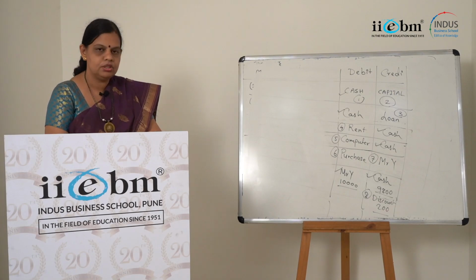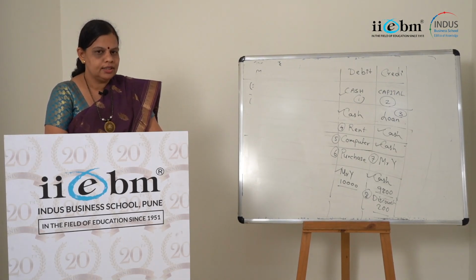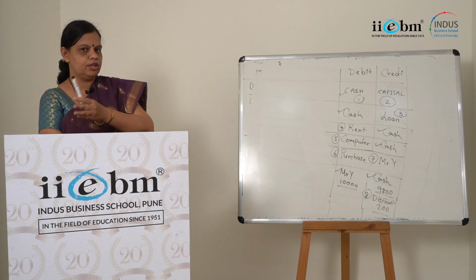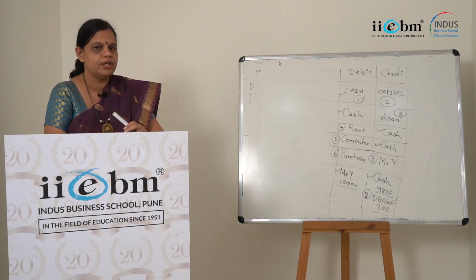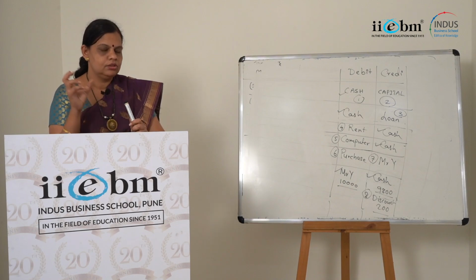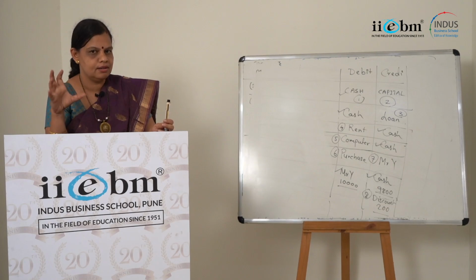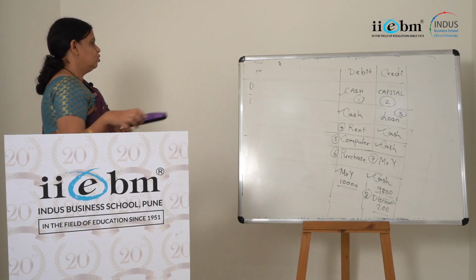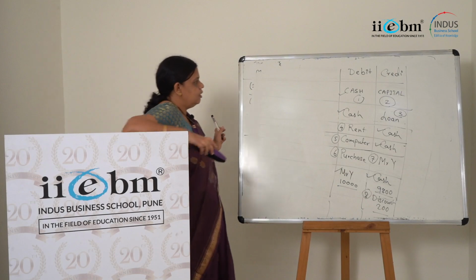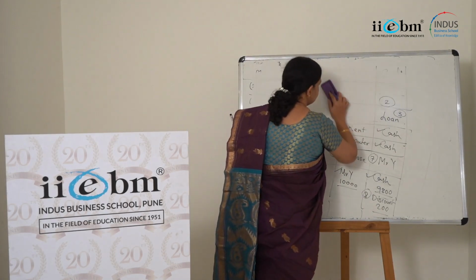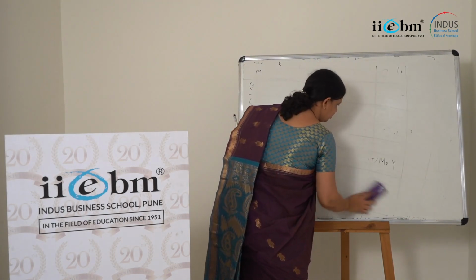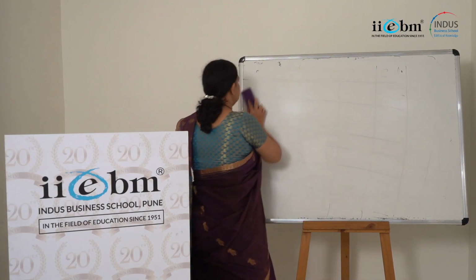After posting the transactions, you have to check whether your debit side total is more than your credit side total, and then you calculate the difference. That is nothing but the balancing amount, right? So 8 different ledger accounts you have to make and you can proceed, right?